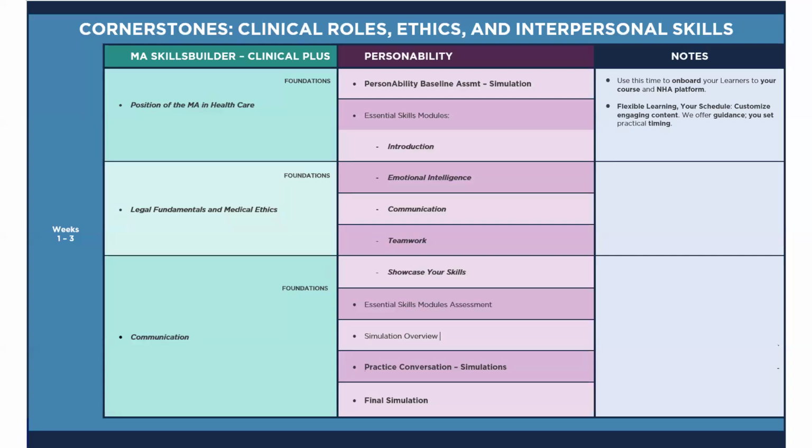This is an example. Remember I said in the very beginning, both of the products have 3 modules that are similar, and these are the only ones that repeat within the skills builder. They are position of MA in healthcare, legal fundamentals and medical ethics, and communication.